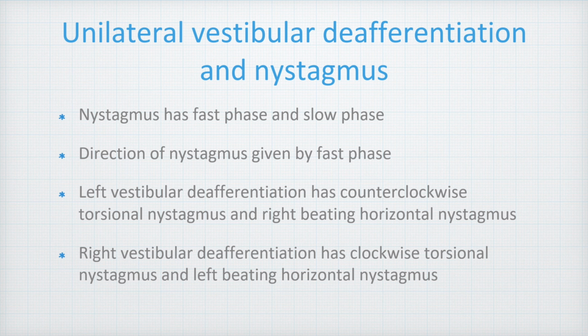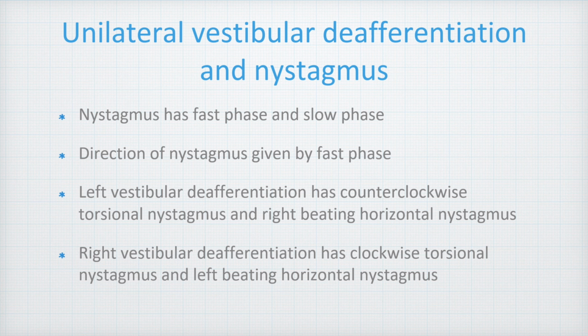If you are moving to the left, it is counterclockwise motion of the torsional nystagmus. That part is easy to remember, but just remember that the disease side is opposite to the direction of the horizontal nystagmus. So left vestibular deafferentiation, right beating horizontal nystagmus; right vestibular deafferentiation, left beating horizontal nystagmus.